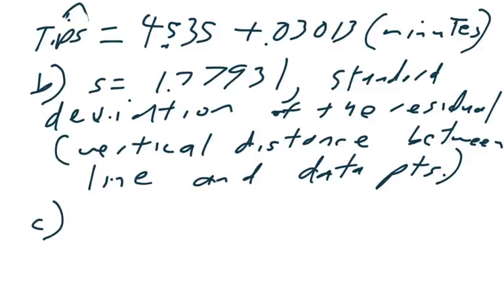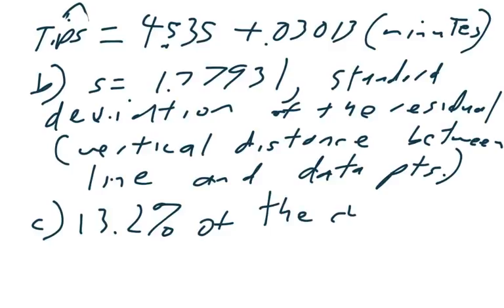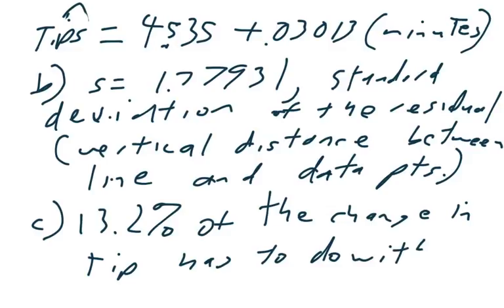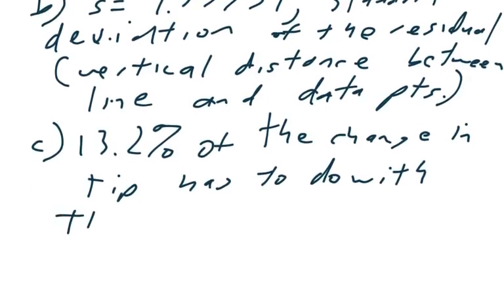In letter C, it asks, what does R squared stand for? Well, it's been a while since we've done this, but it's 13.2%, which means 13.2% of the change in Y, so of the change in tip, has to do with the time spent at the buffet.